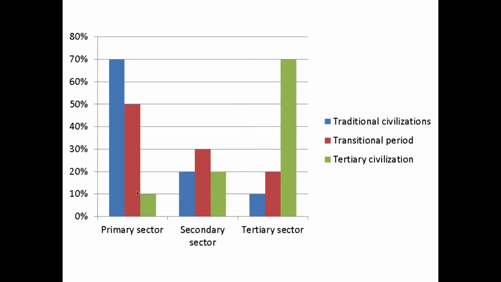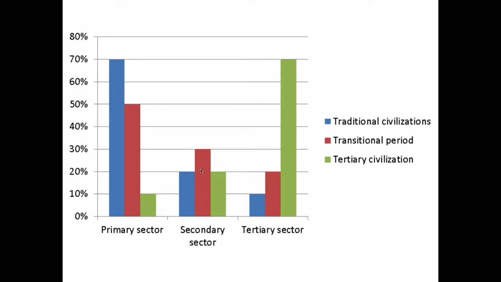You would expect countries going through their transition, going through their industrial phase, to have a slightly smaller primary, bigger secondary, slightly bigger tertiary. And you would expect countries like the UK to have a tiny primary sector because of all the reasons that we mentioned in video number 3.